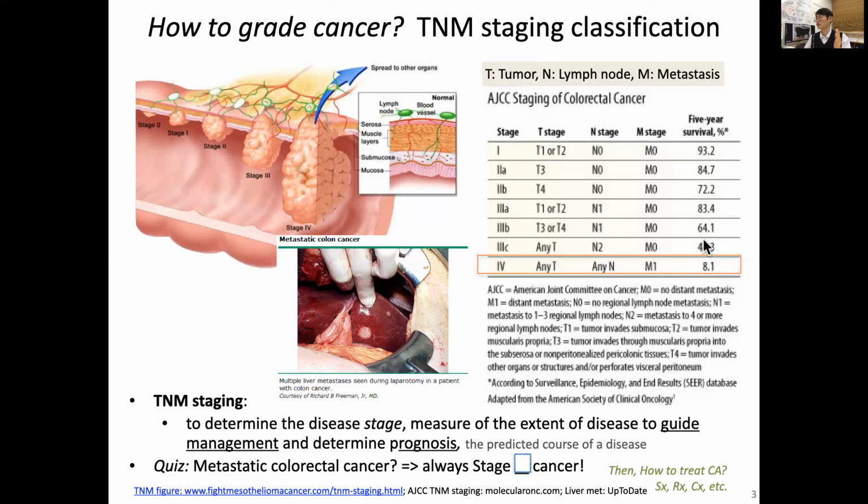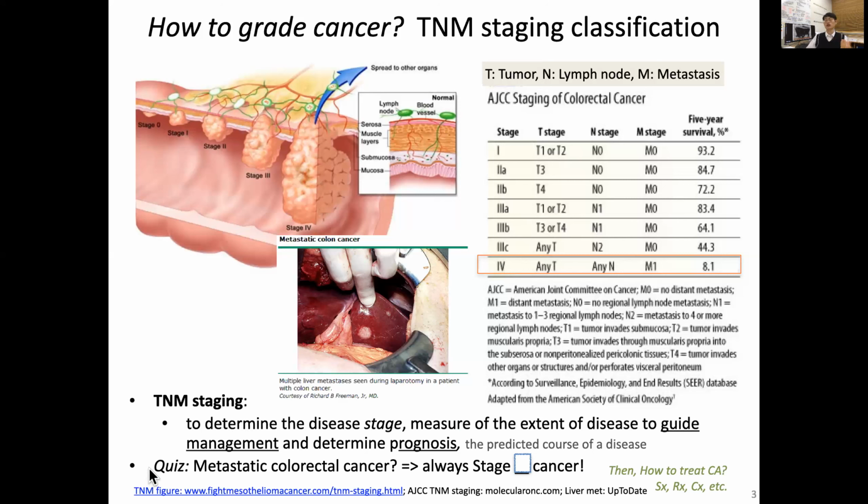What's striking here is that we don't care about the number of tumors or the number of lymph node involvements, but if we find any distant metastasis, we don't care about the T and N, because the 5-year survival is only about 8%. So this is a serious one, and we define it as stage 4.